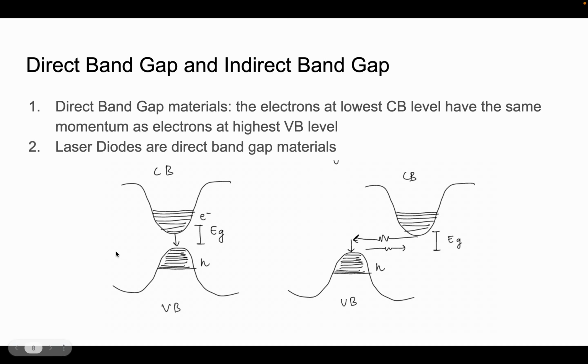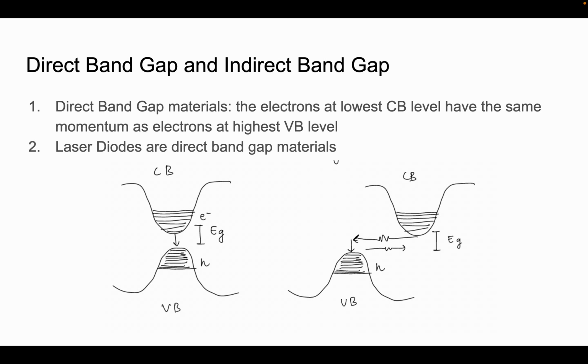The reason why we're interested in this is because laser diodes are direct band gap materials. So that means that the electrons have the same momentum at the lowest conduction band and the highest valence band levels.